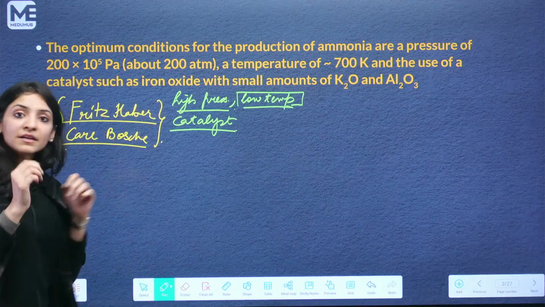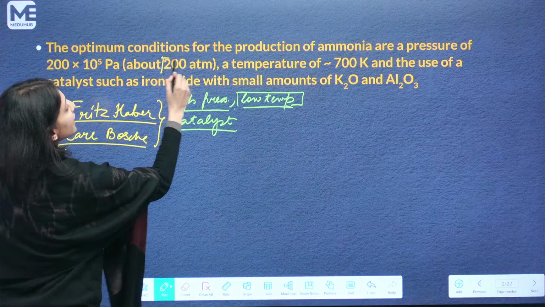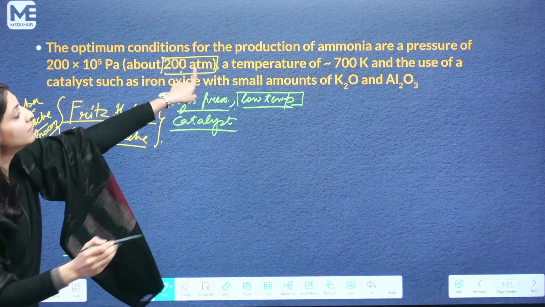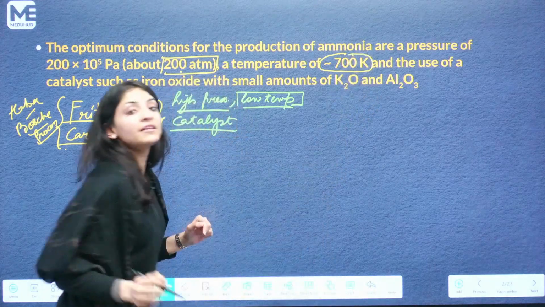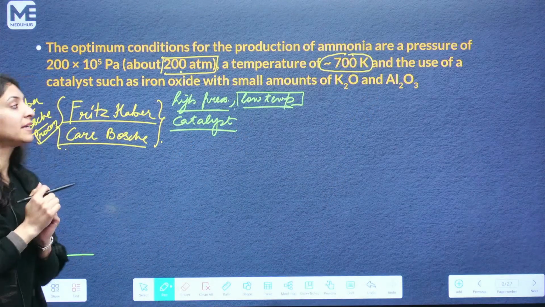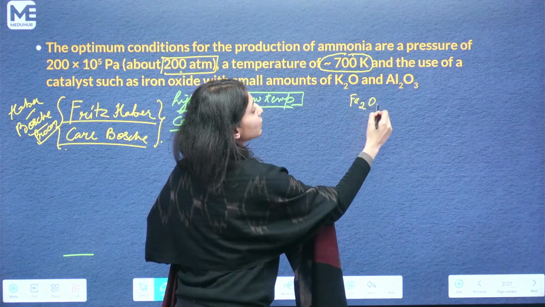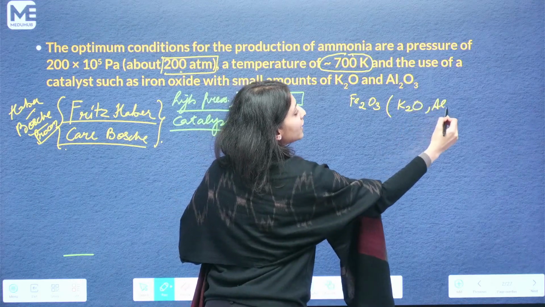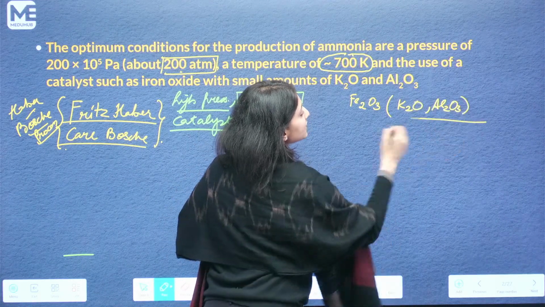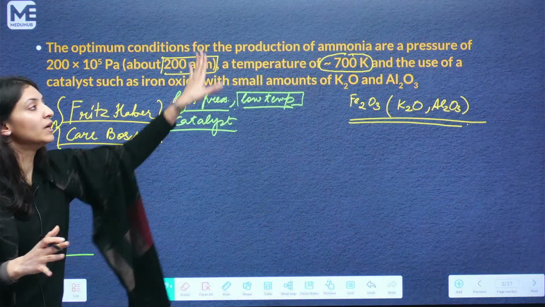So the ideal conditions in the industry are a pressure of about 200 atmosphere, a temperature of around 700 Kelvin, and the use of promoted iron as the catalyst. So the catalyst that is used is iron oxide Fe2O3 with small amounts of K2O and Al2O3. So these are the conditions that in actuality in the industrial plant for production of ammonia are used.